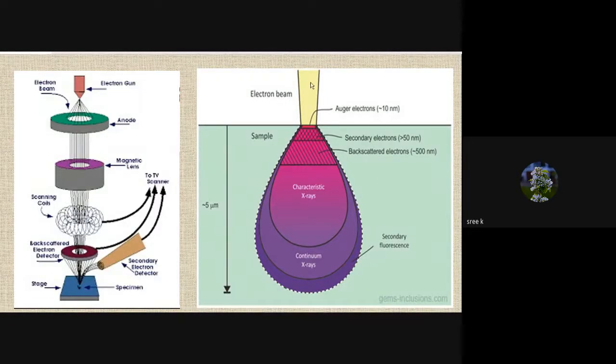The primary electrons are shown in the interaction volume, and you have different types of electrons coming out from the specimen, like secondary electrons, then backscattered electrons, which are the same primary electrons, and Auger electrons. So you can collect all of these different types of electrons and get the corresponding image.